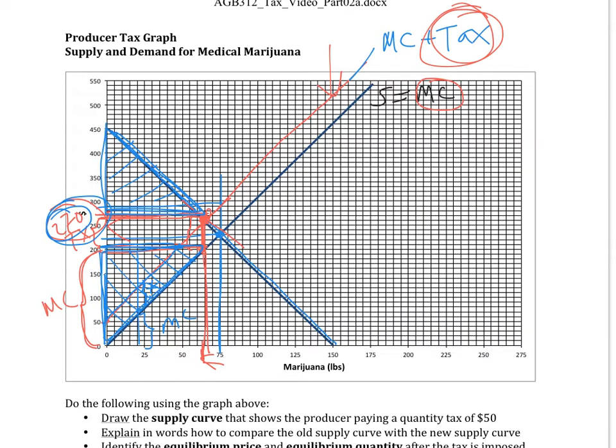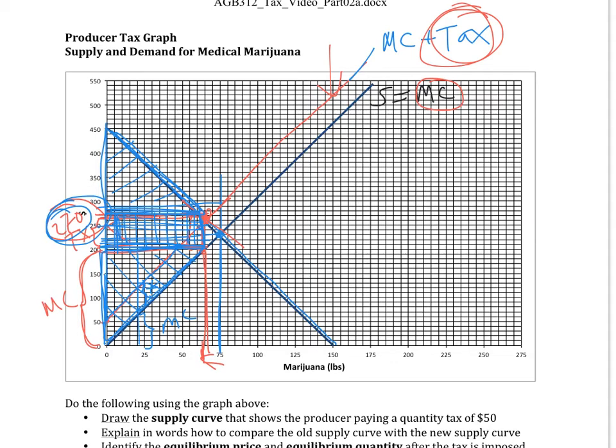So then the next thing is, what's the tax revenue? Well, the tax revenue is this block. This is our tax, right? This is the quantity of goods. So this square, we'll just make it all cross-hatching there. That little block there represents the tax revenue generated.